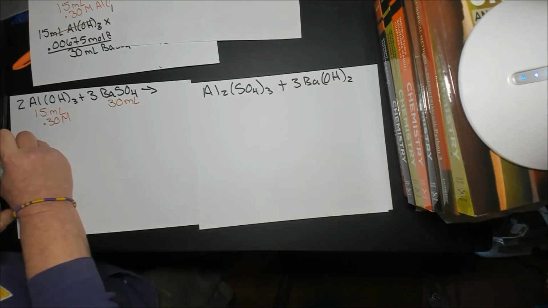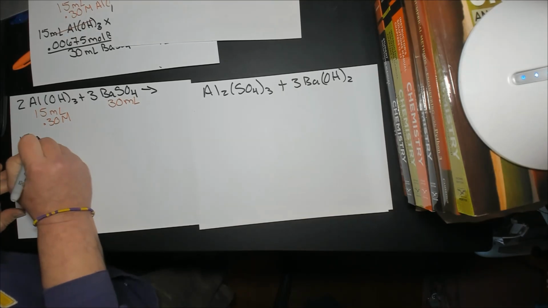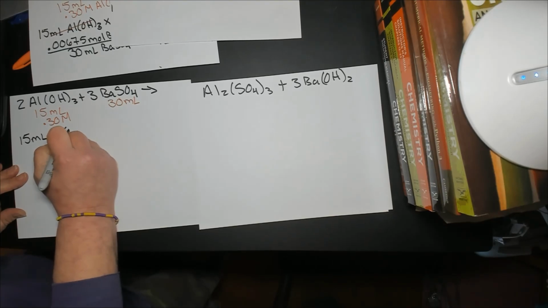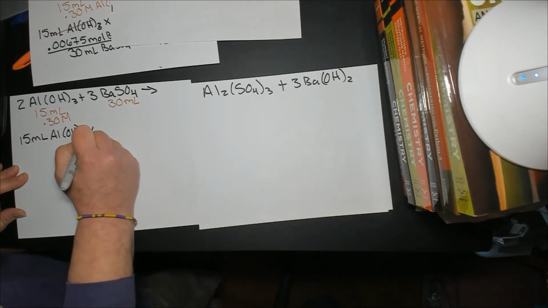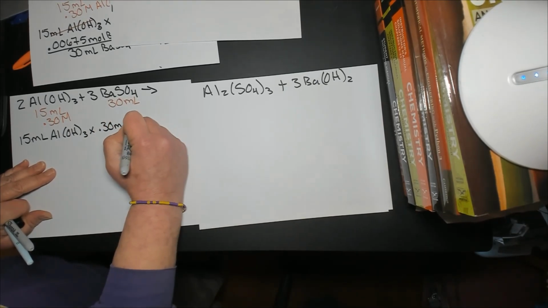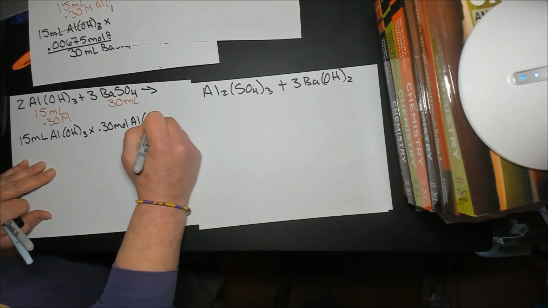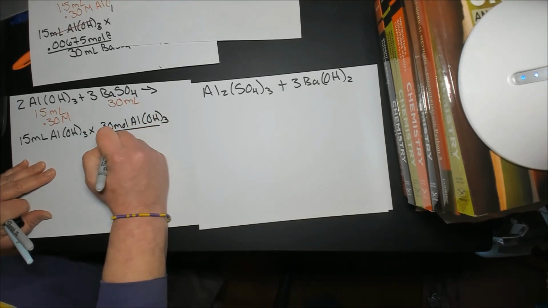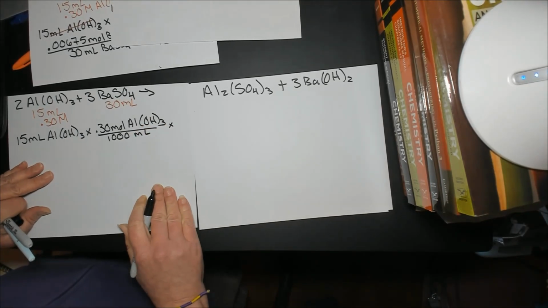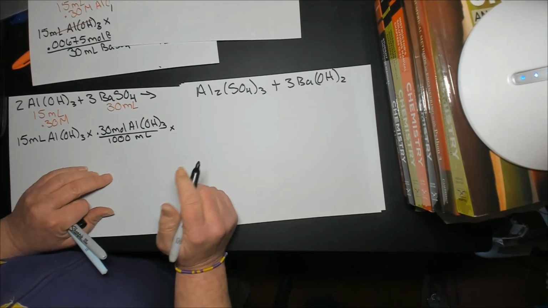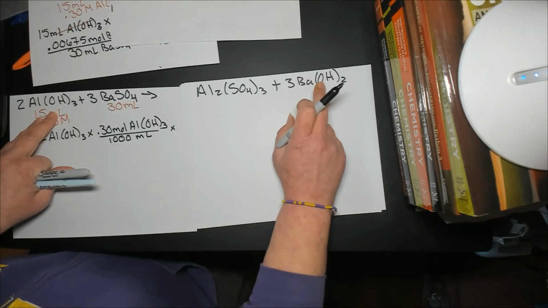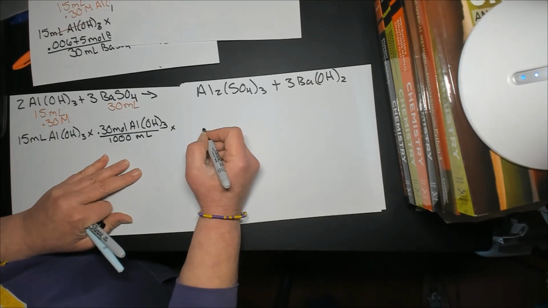I have 15 milliliters of AlOH3 times 0.30 moles of AlOH3 per 1,000 milliliters, times my mole to mole ratio. I have 2 moles of my aluminum hydroxide to 3 moles of my barium hydroxide.